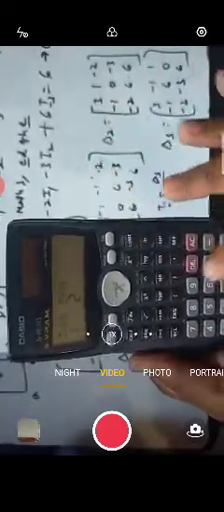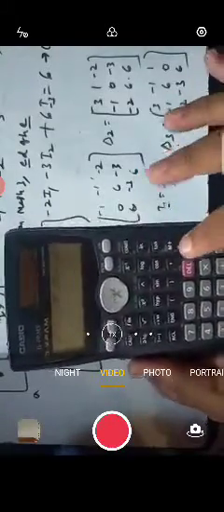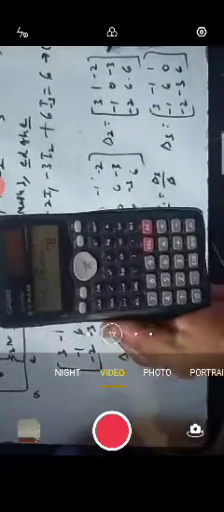Press shift 4, determinant of matrix A, syntax error, determinant open bracket matrix A close. See, this answer is 78. What I got? Delta 2 is 78.